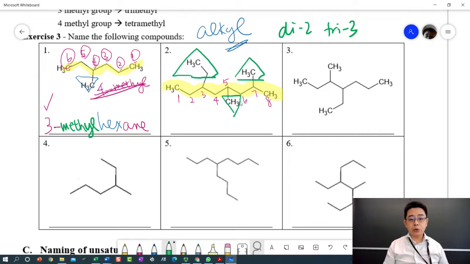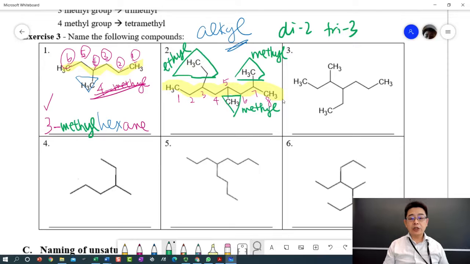Use a pencil to draw a triangle to show the side chain. Now we have two kinds of side chain. One is methyl, one is ethyl. We can see 2 methyl groups here, and one ethyl group here. This 2 is methyl.